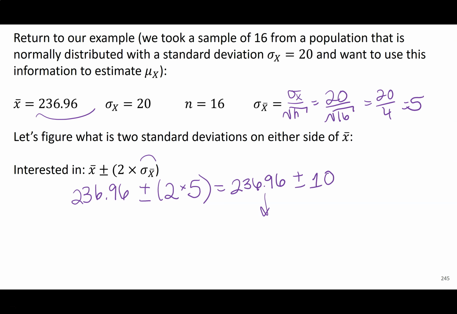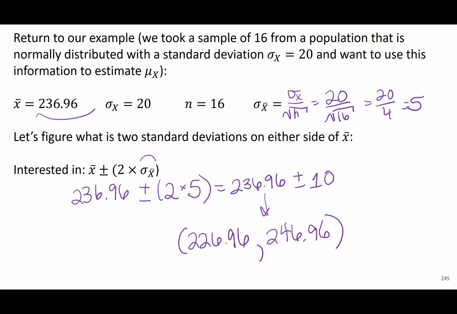So be careful here. In my interval, I do not have units because this is a simulation from R. But if I had units, I'd want to include them. So 226.96. The smaller number goes on the left. Be very careful, it is an interval. So the smallest number, the number that is left on the number line, has to go on the left, to 246.96.